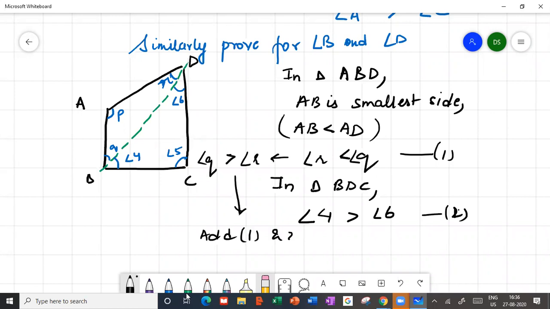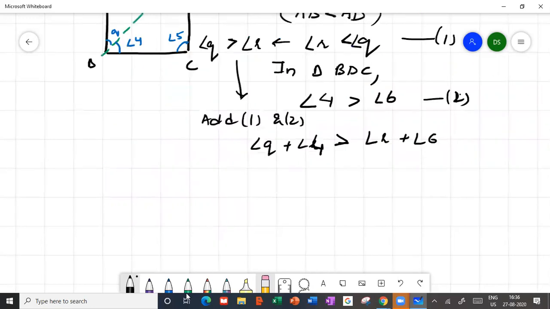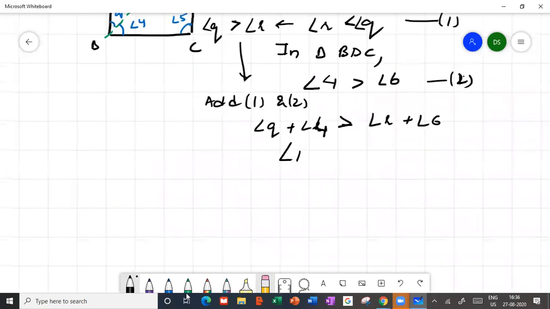What will I get? Angle Q plus angle 4 is greater than angle R plus angle 6. Q plus 4 is D, and R plus 6 is D. Done.